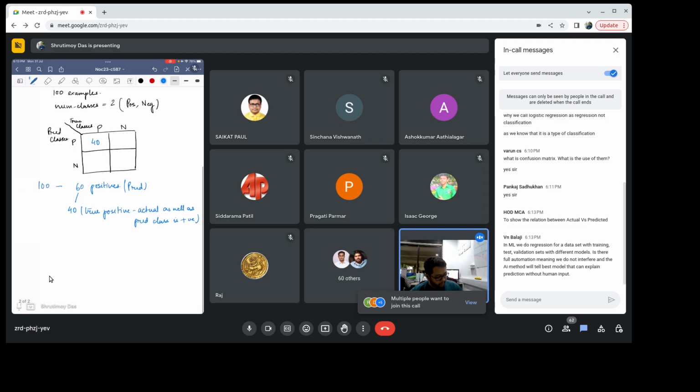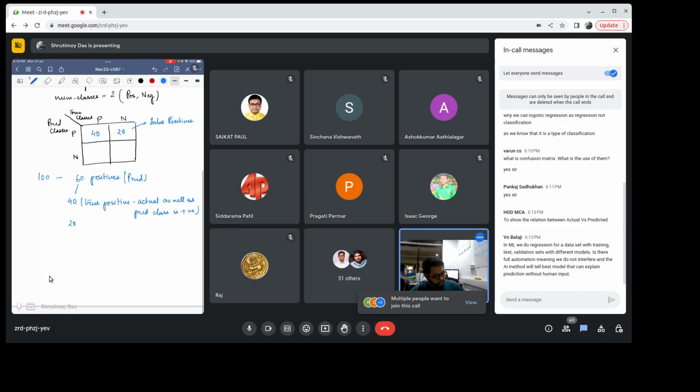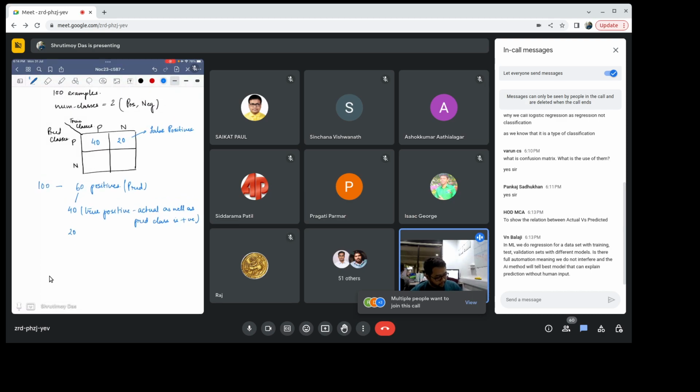How many of these are negative? 20 of these are negative. So these 20 examples which are predicted as positive are actually negative. So we'll put it in this cell. These are falsely predicted as positive, and we say that these are false positives. Similarly, out of 100 we have 40 more left.